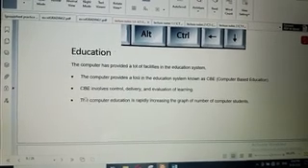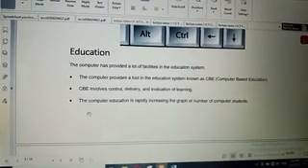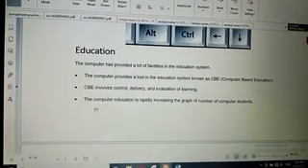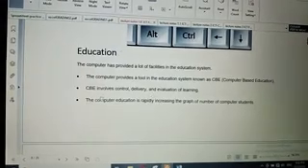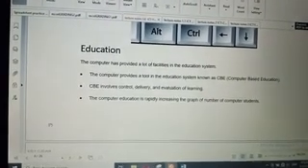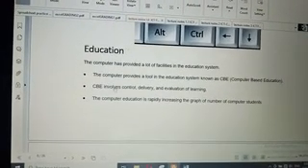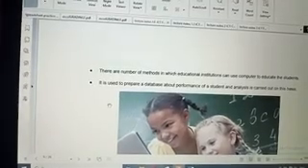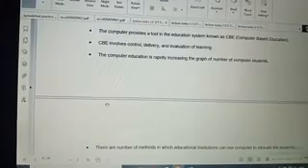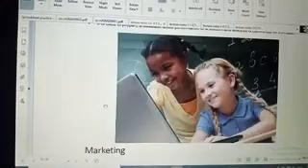The computer education is rapidly increasing the graph of the number of computer students. With computer education, the number of people who advance in learning computer is increasing every day. So that is how a computer is used in education, for research, for communication, all of that.